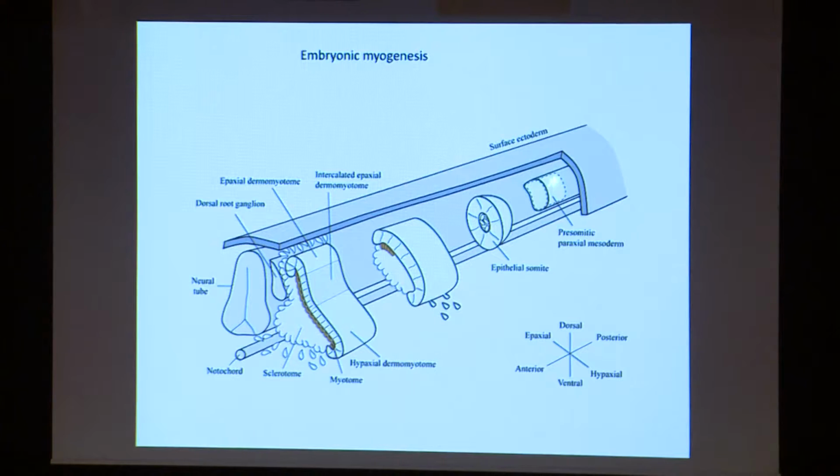Here on the side of the neural tube, and it is the same on the other side, but we only have one view here, is what is called the presomatic paraxial mesoderm. And this is the tissue that is going to give rise to somites. Somites are very important for muscles because it is in somites that the first myogenic cells in development will appear.